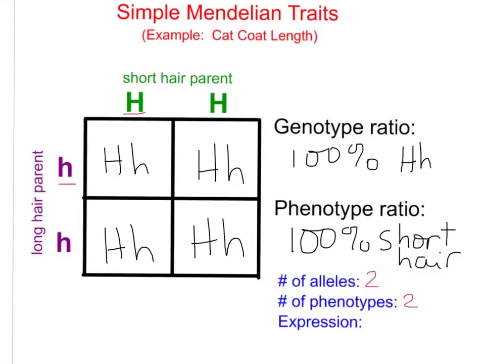That's only two phenotypes. And what is the expression in our simple Mendelian trait when we're crossing those two different genotypes? In a heterozygous situation, the dominant phenotype is going to be expressed.